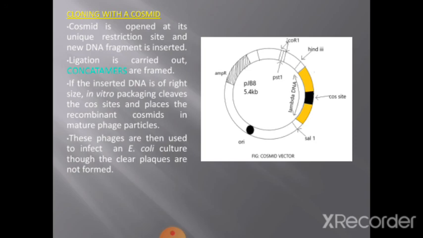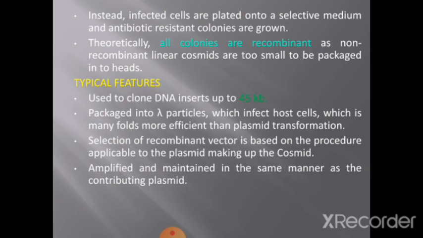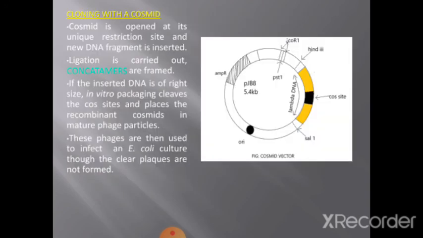Though we say selection is by clear plaque formation, clear plaques are not formed here, so what should we do? Instead, infected cells are plated onto a selective medium and antibiotic resistant colonies are grown. You must be knowing here that there is one ampicillin resistance gene, right?